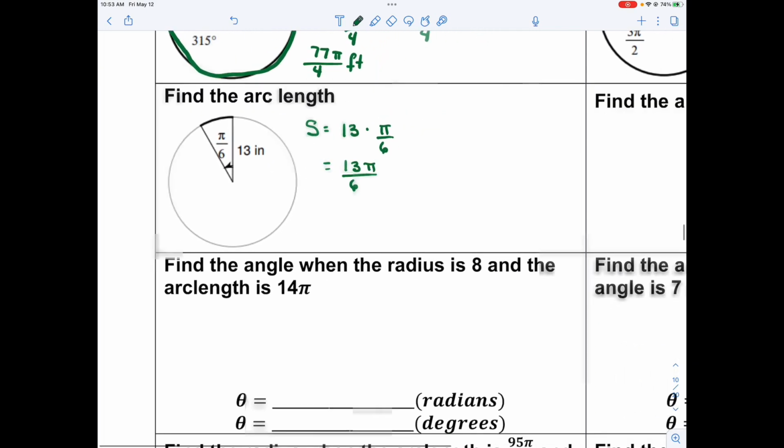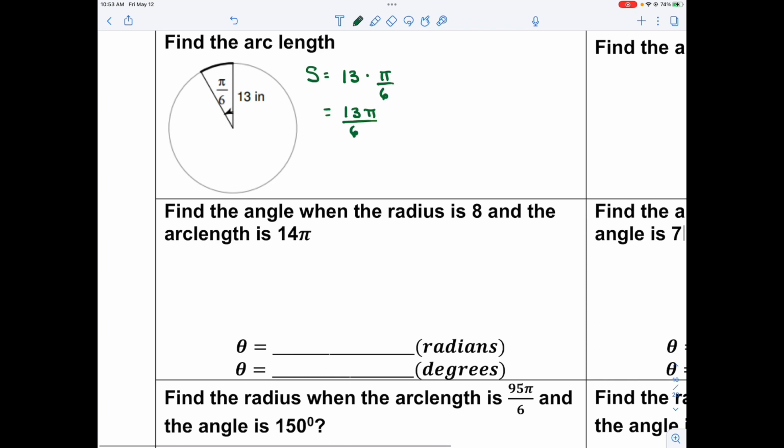We're given another problem. We're finding the angle when the radius is 8 and the arc length is 14 pi. So we're told the radius and the arc length, and we need the angle. So we're going to recall S is equal to r theta.